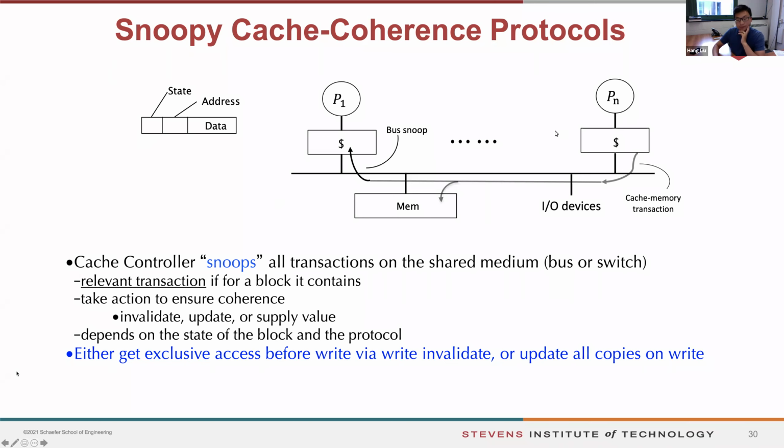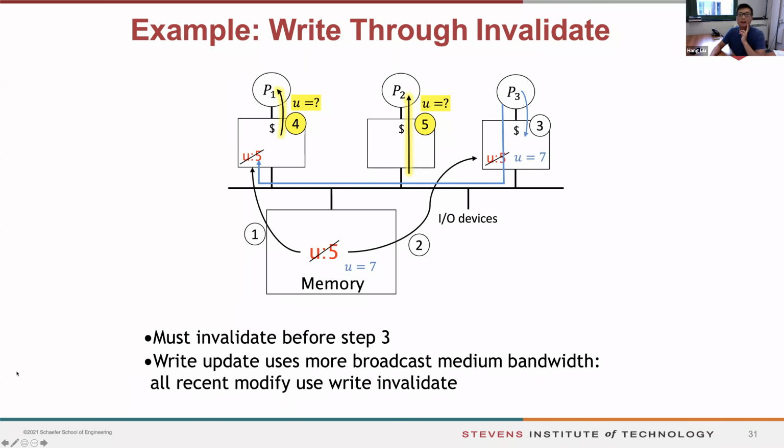For instance, let's see. In this example, we have processor 3 here. It's like a drama, right? So the drama contains a couple of players. Let's say we have the triangle baby, square baby, and the circle baby.